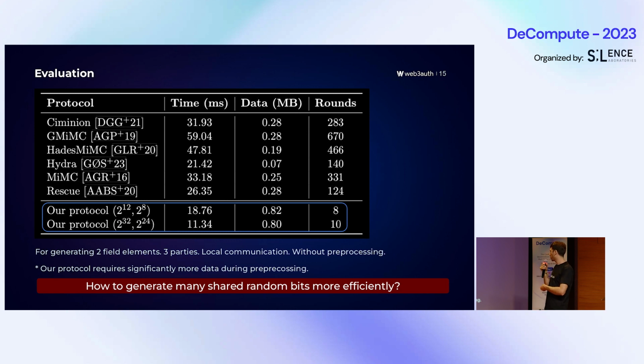There is some pre-processing cost to all of this. I think it's 2 rounds and a bunch of communication, and our protocol trades off communication for round complexity. So we need more communication than the other protocols, especially in the pre-processing phase.